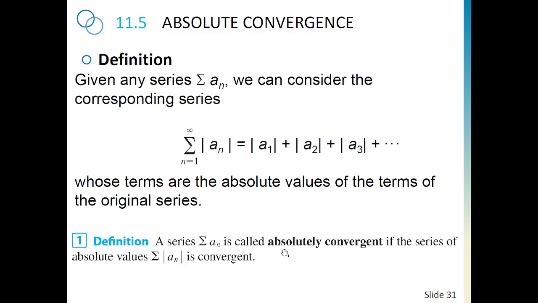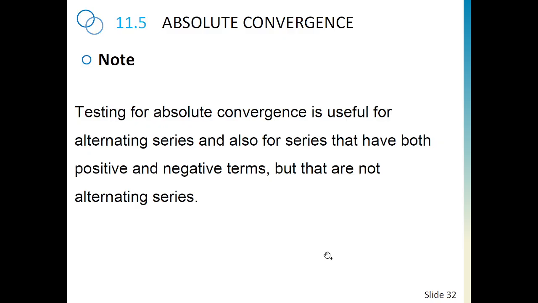And we will say that when this series of absolute values is convergent, then the original series is absolutely convergent. So it's not the series itself, it's about the series of absolute values. When the series of absolute values is convergent, we say that the original series is absolutely convergent.